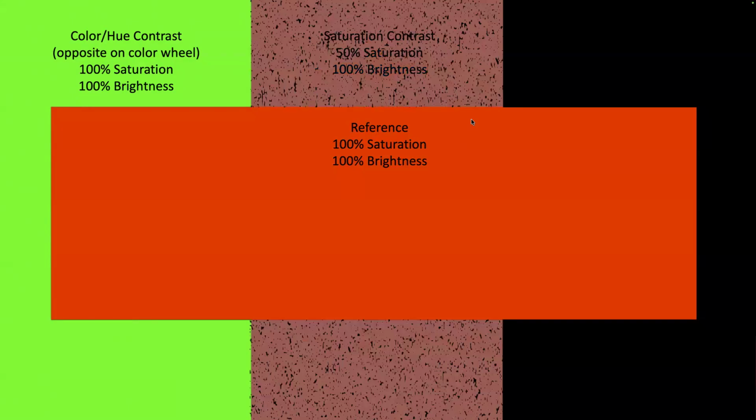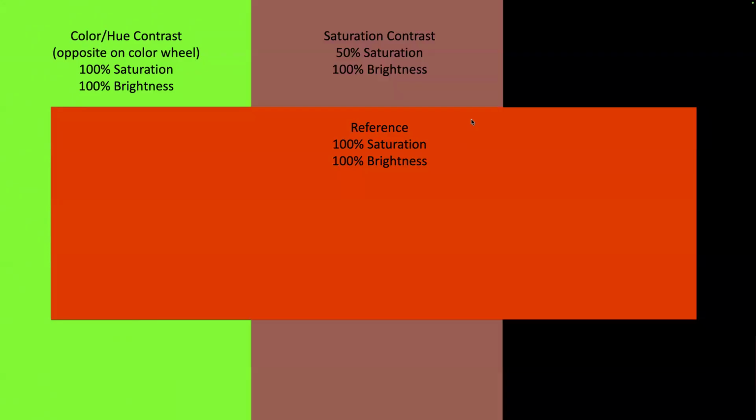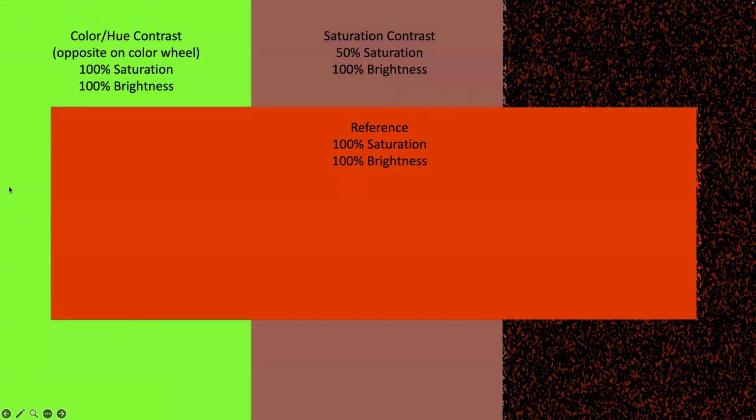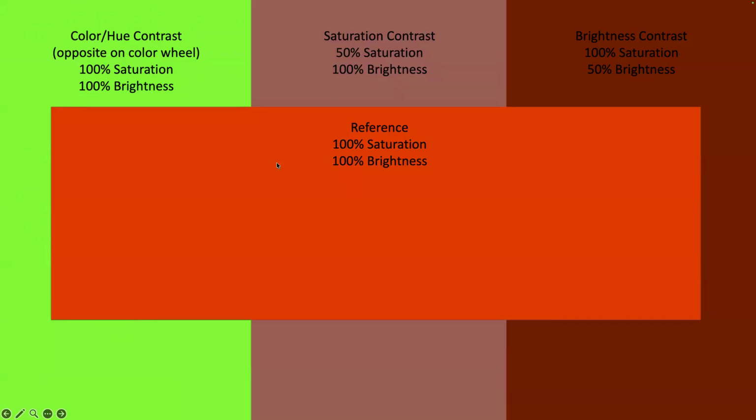So if I take half of saturation away from the red, this is saturation contrast with the center panel, right? So different saturation values on these two levels of red. Still the same brightness again, even though the back one may seem a little dimmer, still the same brightness, but 50% less in saturation. And then if I decrease the brightness this time, still at 100% saturation, this is brightness contrast, right?